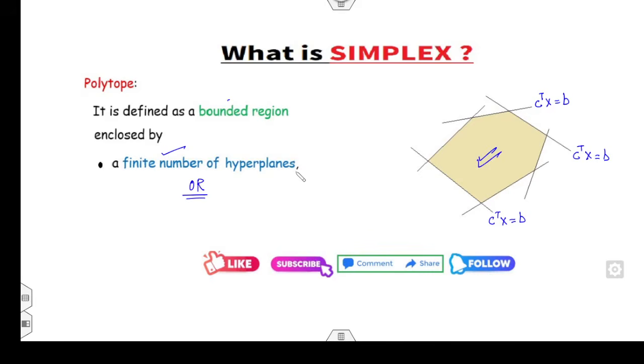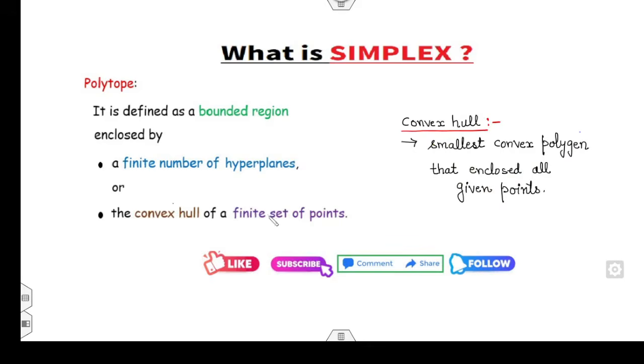And if you don't want to look at it through hyperplanes, another way we can define it is as the convex hull of a finite number of points. What is the meaning of the convex hull? It is the smallest convex polytope that encloses all the given points.